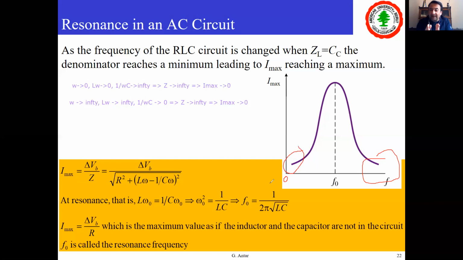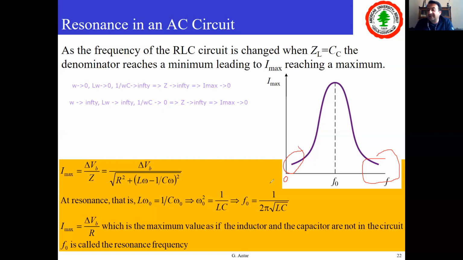So the value for which I'm going to have I max maximum is when my Z is minimum. And Z is minimum when L omega is equal to 1 over omega C, and consequently my omega 0 squared is equal to 1 over LC, or my F0 is 1 over 2 pi square root of LC.